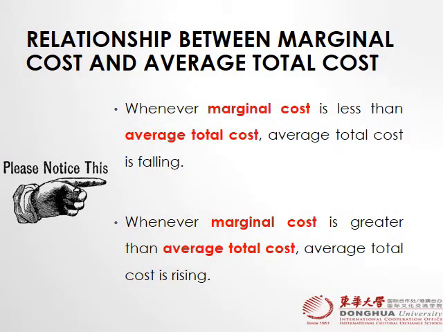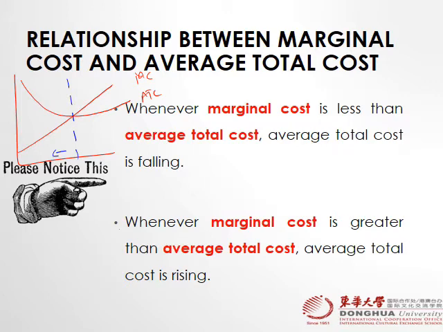And now the other characteristics: whenever marginal cost is less than average total cost, average total cost is falling. Let me draw it here. Look at your graph, it should be like this. This is the average total cost, this is MC. Let me divide it.